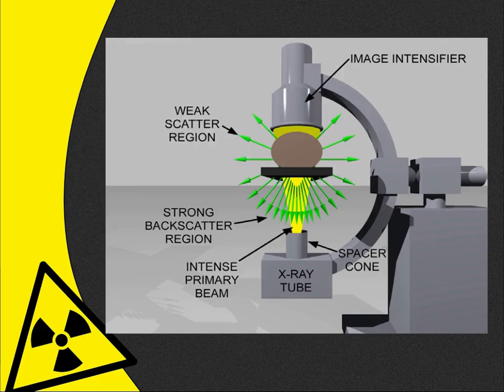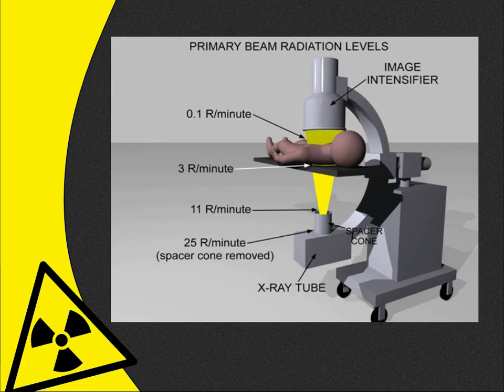As we can see here, it's clearly shown that the image intensifier, the area below the couch near the X-ray tube, is the strong backscatter region. So that's why most of the equipment has a lead shield on the table to protect the staff from this backscatter radiation.